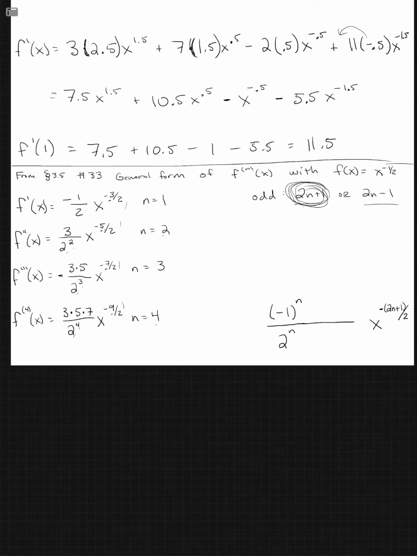And the thing up top is a little bit trickier. There's no neat way of writing it. But we know that we start with multiplying by 1. All of these are going to be multiplied by 3. That 3 is going to stick around. But then we do all of the odd numbers up to a certain point. So 1, 3, 5, then 1, 3, 5, 7. The next one, even without doing it, we can tell is going to be 1, 3, 5, 7, 9.